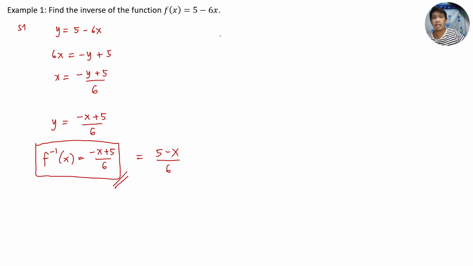If we use f circle f inverse of x, that is, we combine the functions, f circle f inverse becomes f of f inverse of x. Meaning to say, we substitute 5 minus x over 6 into our original function.